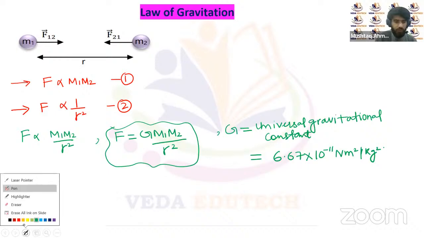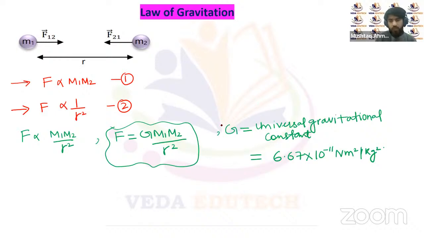It was calculated by Cavendish, a scientist, through an experiment. The force between the two masses is given by the product of the two masses upon r square multiplied by this constant, the gravitational constant or universal gravitational constant.